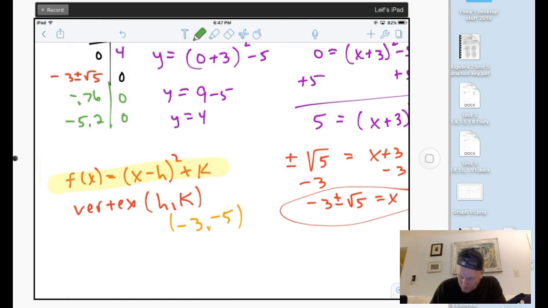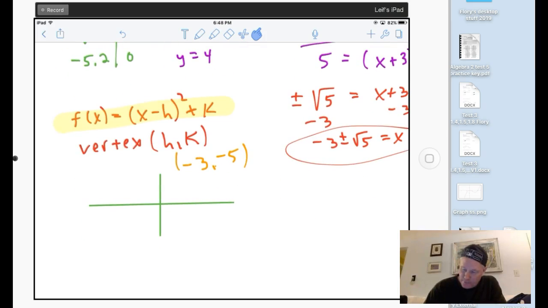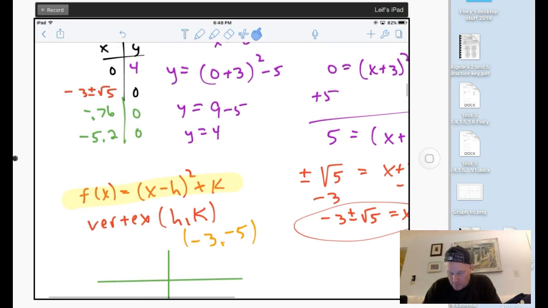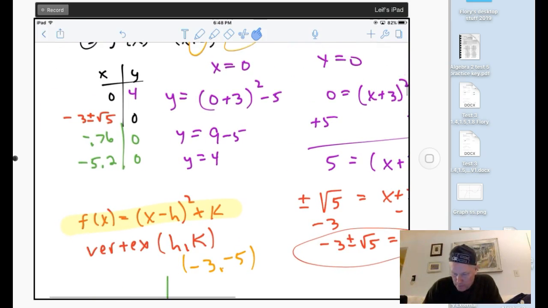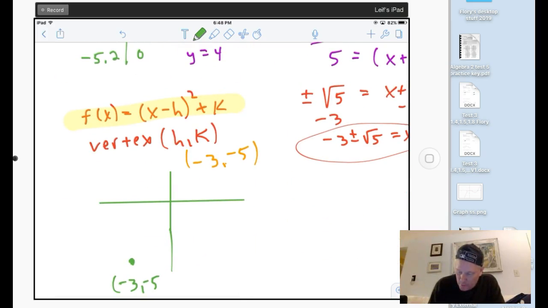Okay, so we go down here, make my quick graph. Okay, so -3, -5. I should make this longer. We'll say the vertex is down here, and it's crossing the y-axis at 0, 4, which is going to be way up here.